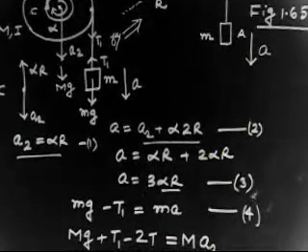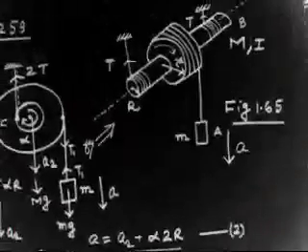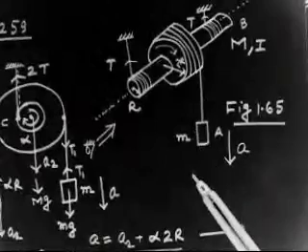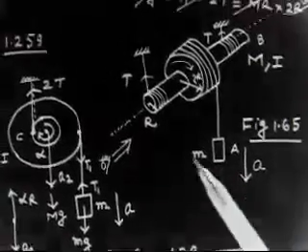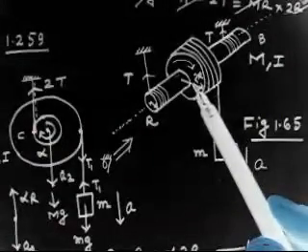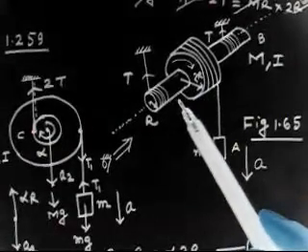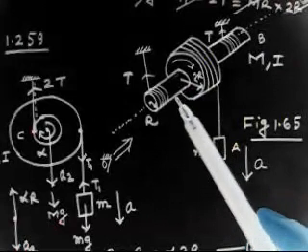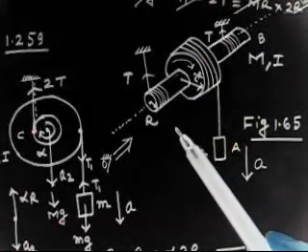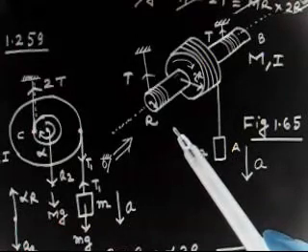Now the things are very easy. Now we have to write simply the two equations. One is the translational equation for block A, because block A is not rotating, it is simply translating. So I have to write one translational equation for block A. And block 2, that is the pulley, is moving down as well as rotating. So I have to write two equations. One is translational motion, that is coming vertically down with acceleration a2. So force external is equal to mass into a2.